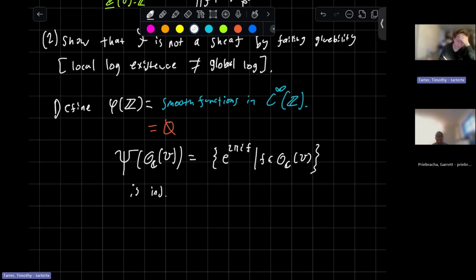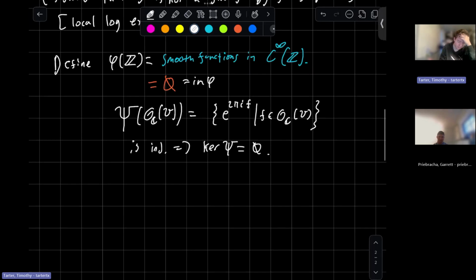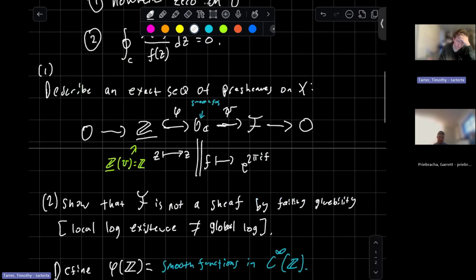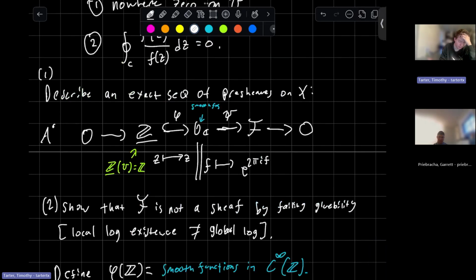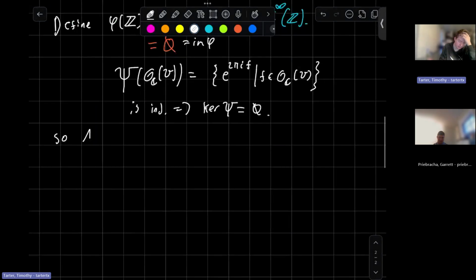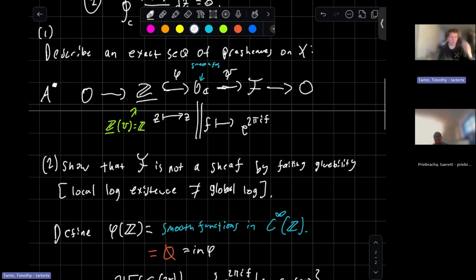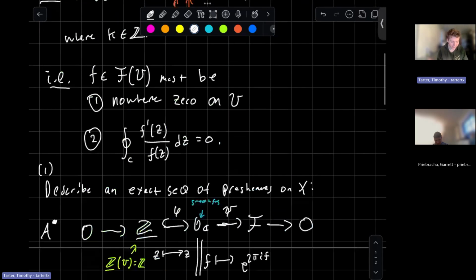It's injective. And so the empty set is both im phi and ker psi. And then our sequence, we'll call this A bullet, is exact. And I think that works out pretty nicely.